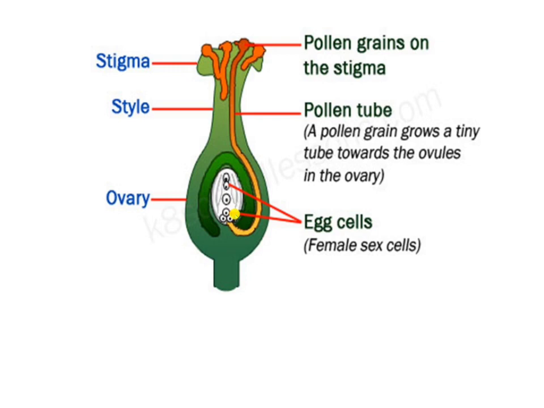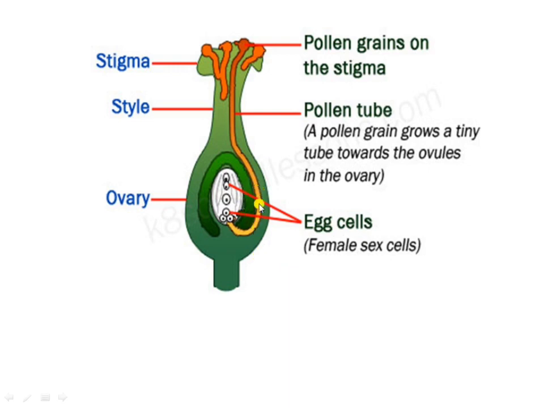The pollen tube enters the ovule and releases its male gamete into the female gamete. The male gamete fuses with the female gamete.